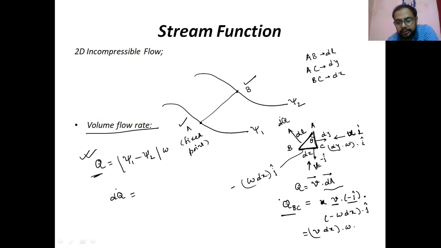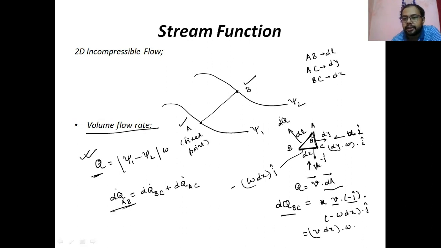So del QBC is a very small amount. The dq dot which is going out through AB is the same as dq dot coming through BC plus dq dot coming through AC. Whatever flow comes in through AC and BC, the same flow goes out across AB.